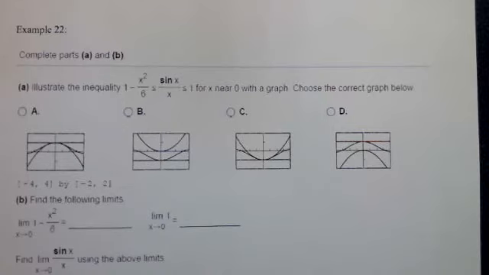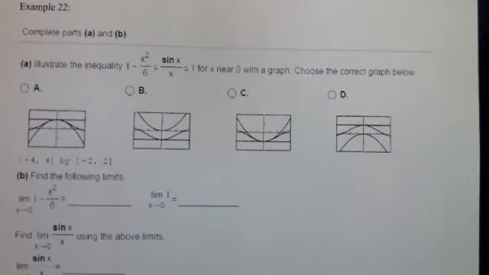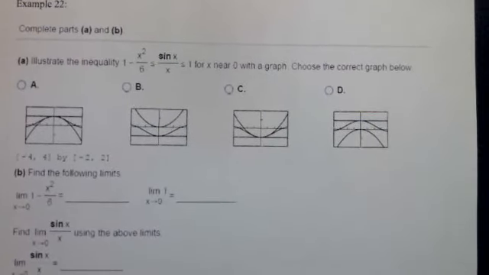All right, here's another example of using that squeeze theorem. Let's say in part A, we want to illustrate the inequality of 1 minus X squared over 6 is less than sine of X over X and less than 1 for X near 0 on the graph. And I want to choose the graph below.